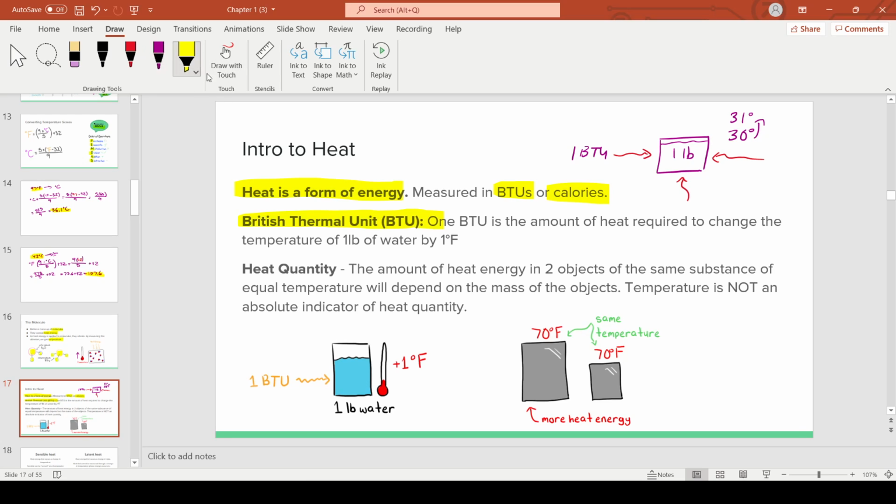Heat quantity: the amount of heat energy in 2 objects of the same substance of equal temperature will depend on the mass of the object.